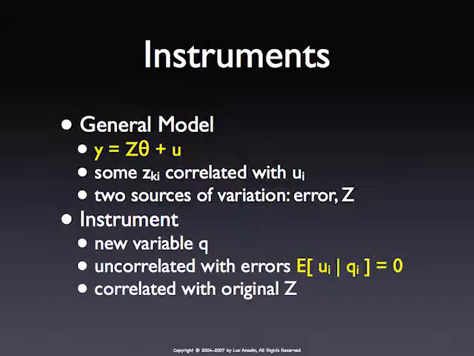But the principle is simple. We have a problem. Some of our Z's are correlated with the error term. We'll fix the problem by getting some new variables that are not correlated with the error term, but are correlated with the original variables. And in some sense, and I say this very loosely, these instruments will replace the original variables in the estimation process.